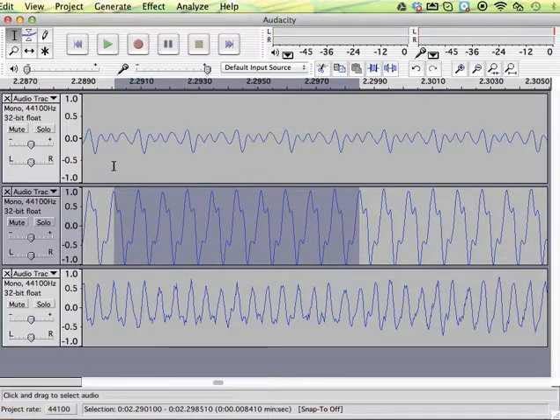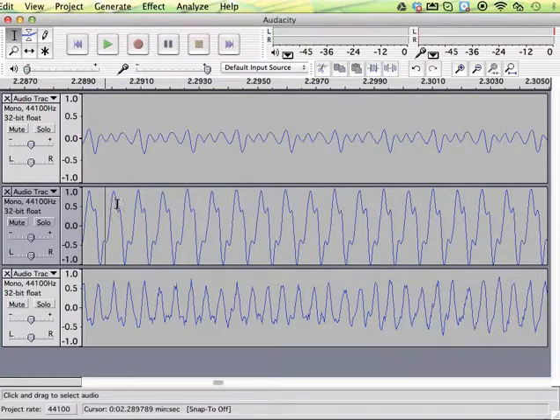Now again, if we take the peaks, from the peak to the next peak, there's 1, 2, 3 waveforms.